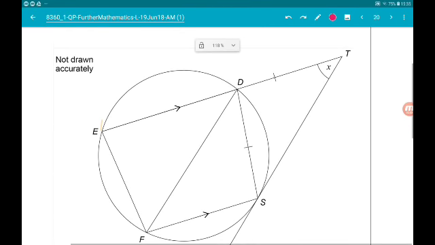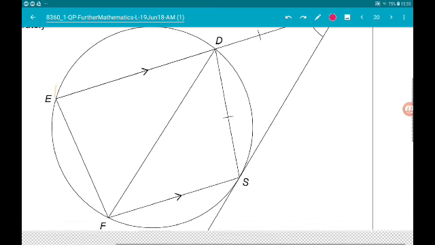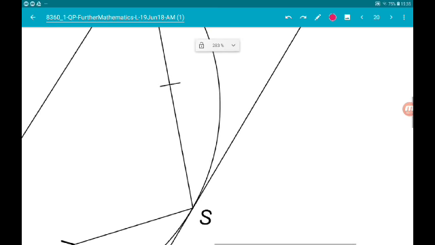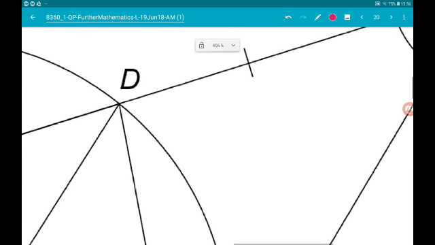Okay, first of all then, this triangle with these two equal sides is isosceles. So we know that this angle here is also angle x. Now that means we can also say what this angle here is. Angles in a triangle add up to 180.